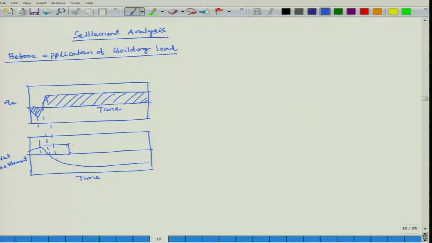This part is your rho h, generally called heave, and the second part is your rho i, immediate, and this part is your consolidation.